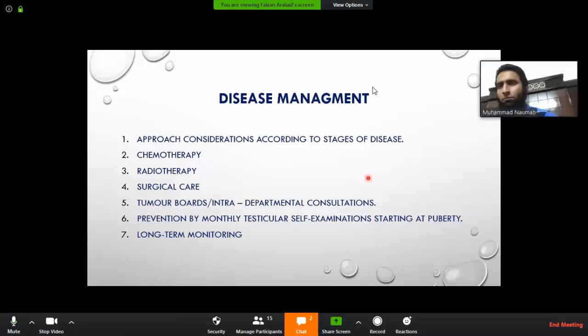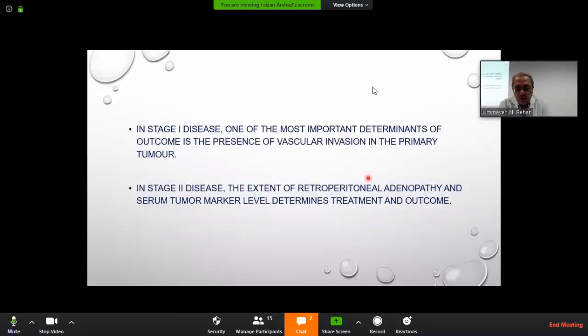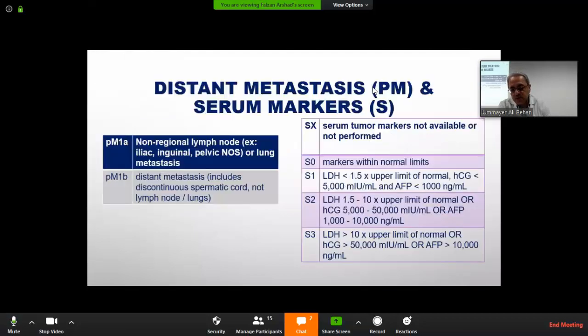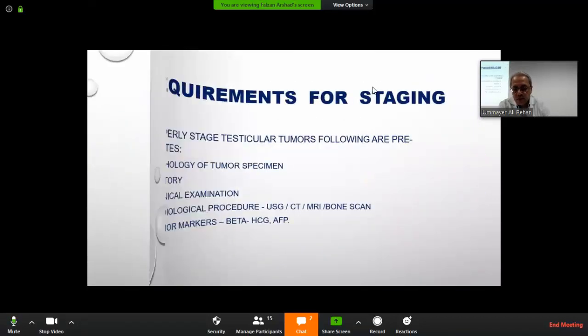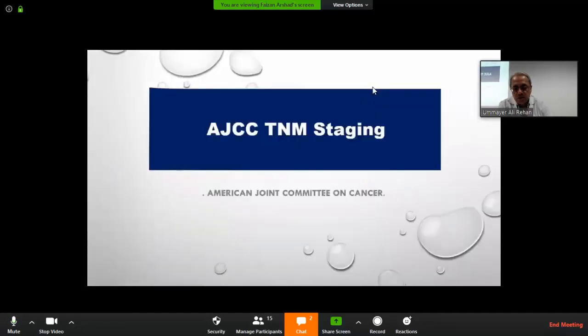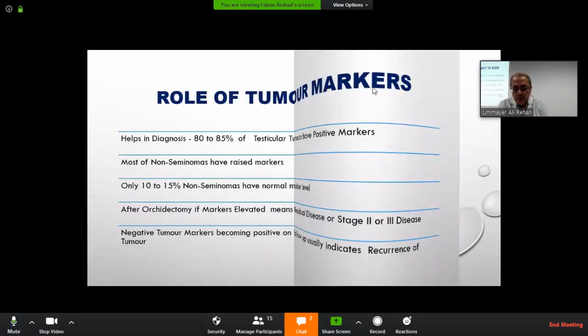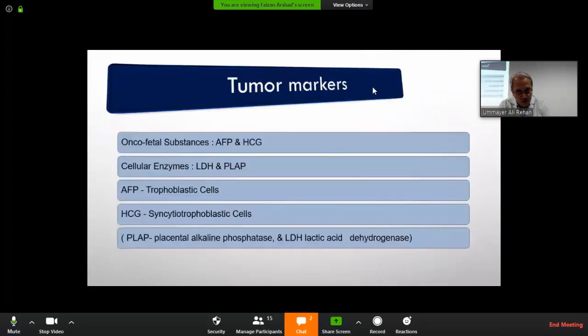So normally what we see is not an organ. Yes, there are some extra gonadal places with affinity for germ cell tumors, but mainly it's the lymph nodes and a conglomerate of a lot of lymph nodes in the form of a mass.